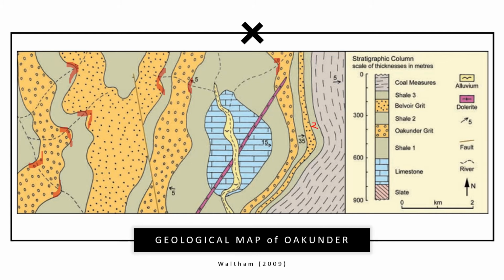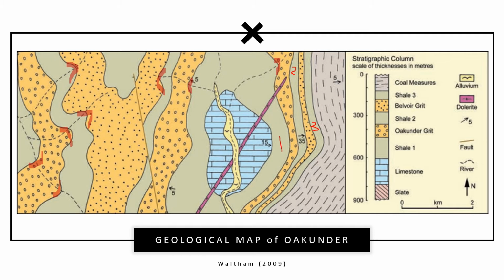In between the Belvoir grit and the O'Connor grit is shale 2. In between O'Connor grit and limestone is shale 1.